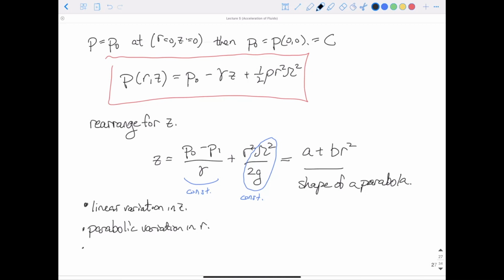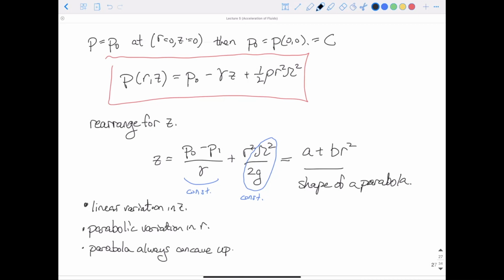And the parabola is always concave up. And we know this because we look at this term omega squared, the angular velocity.